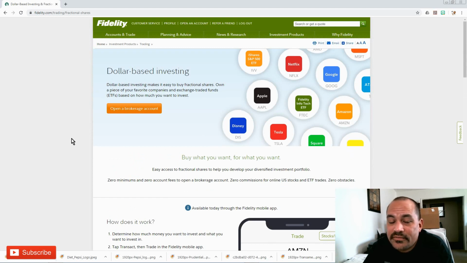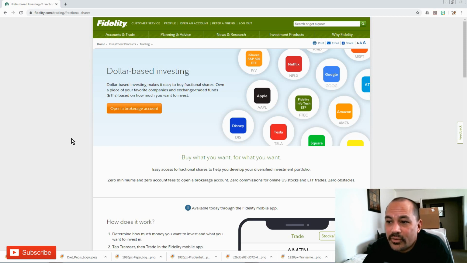There is a minimum of $10 in M1 Finance to invest. So you can call that a pro or a con. In my opinion, I call it a pro. Other people might think differently. But with Fidelity, when they do a dividend reinvestment, if you get 50 cents, it's going to reinvest into the stock.